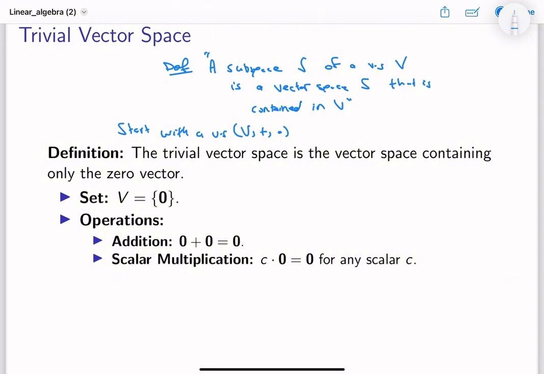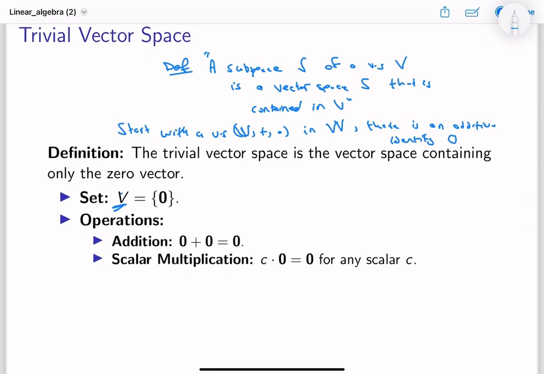So V is a bad letter here since we're using it already, let me use omega. In omega, there is an additive identity which we usually call 0.